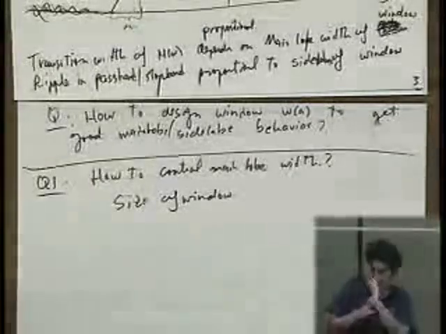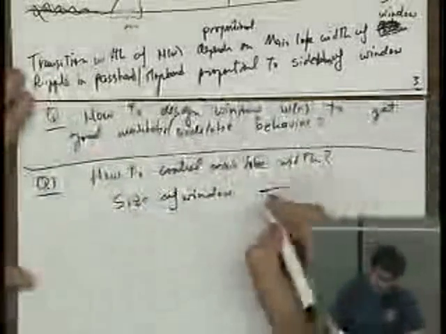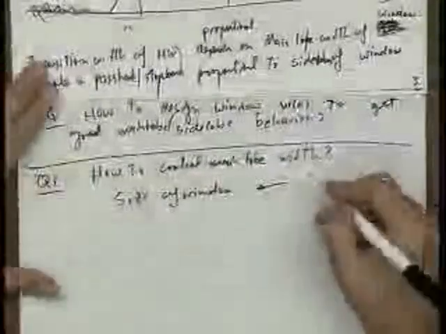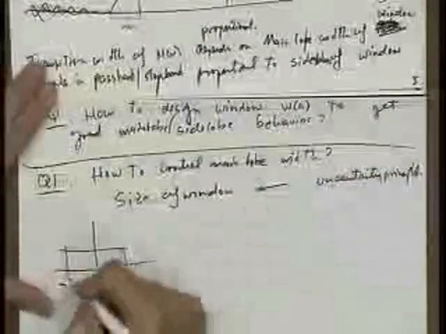And that's what the uncertainty principle says, and that's really the guts behind this. Okay, so size of the window. By increasing the size of the window, you can control the main lobe width. So that comes from the uncertainty principle. Okay, and for example, again, we come back to the thing we know a lot about, the rectangular window.